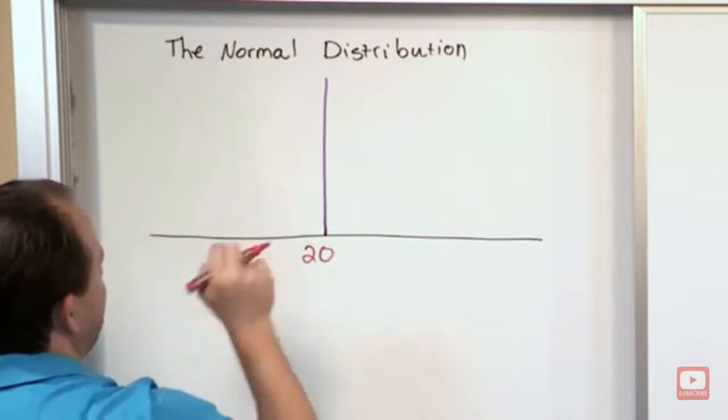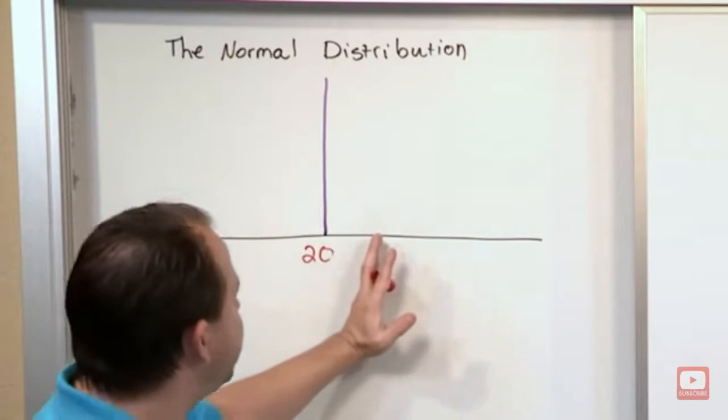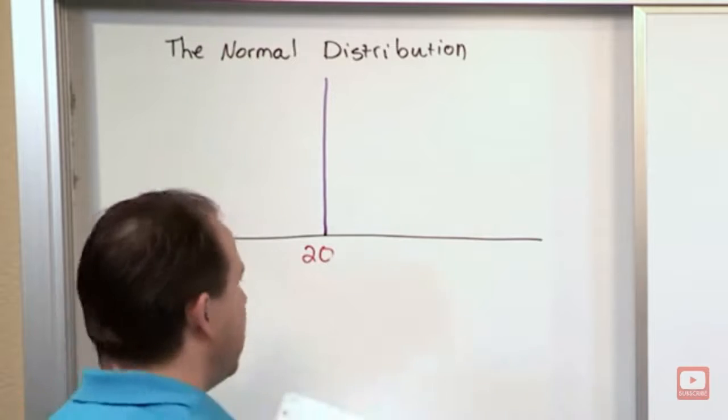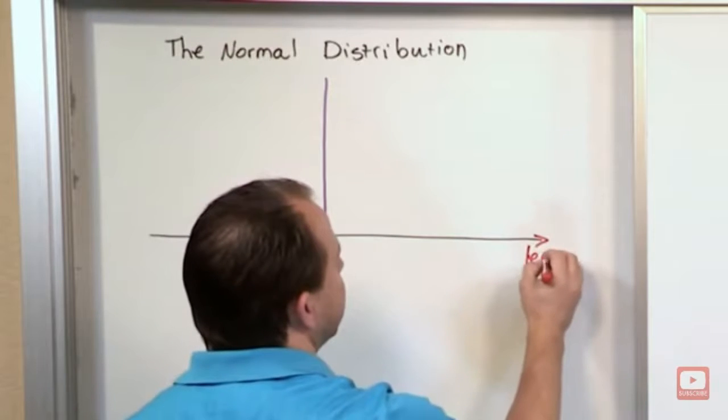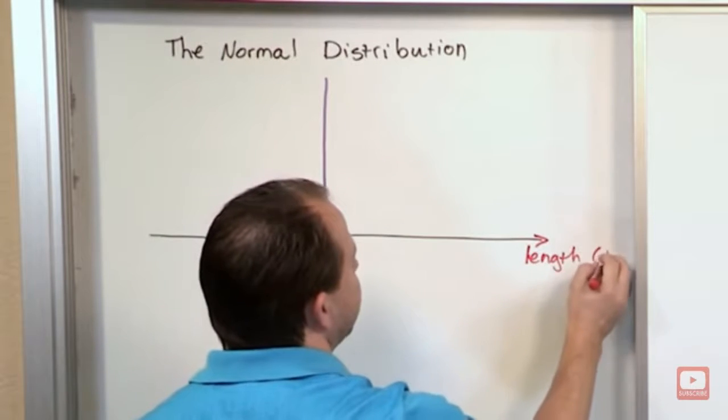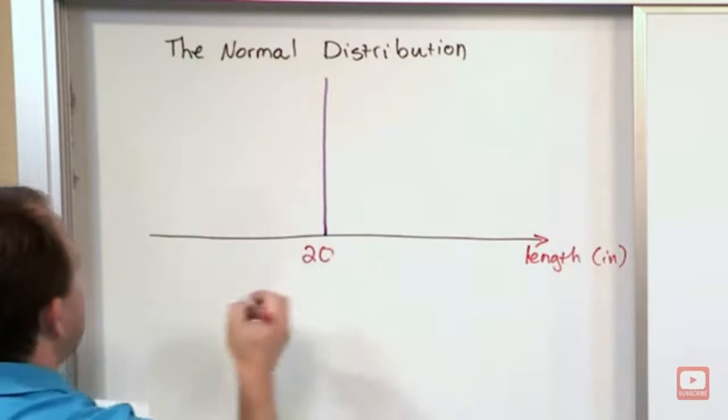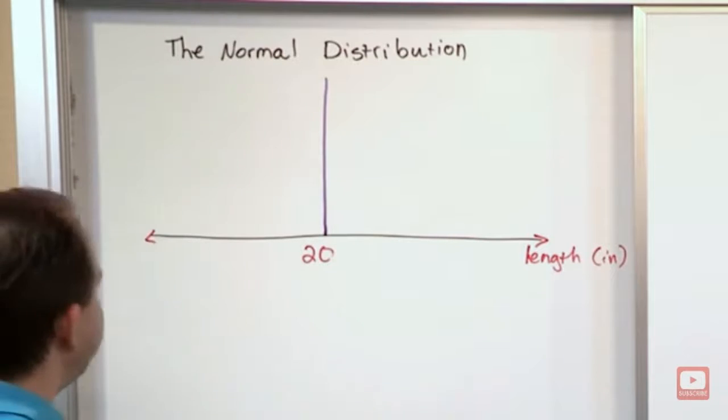So we'll put that there because it's 20 inches. Now, obviously, some watermelons are going to be bigger than that. It's going to be in this direction. So I'll say this is the length in inches. Some watermelons will be longer than that, and some will be shorter than that.